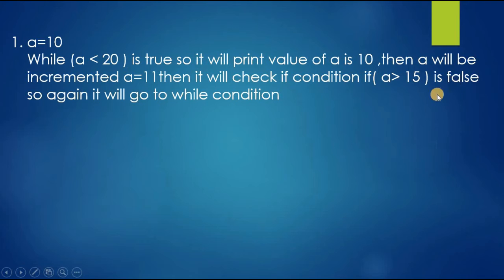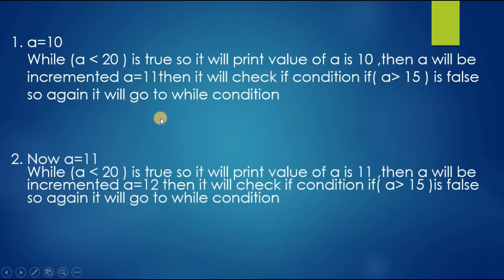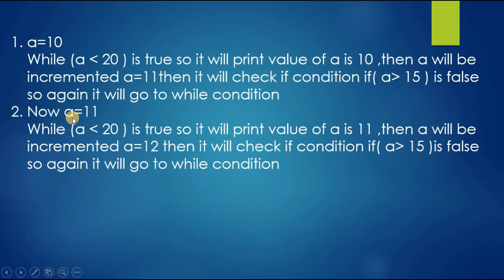It will directly go to the while condition again, for the second execution. Now a is equal to 11 and the while condition will be checked here, it comes true, so the value of a, 11, will be printed, then a will be incremented. Now a is equal to 12, then again the if condition will be checked, if a is greater than 15. Again the condition is false because 12 is less than 15.